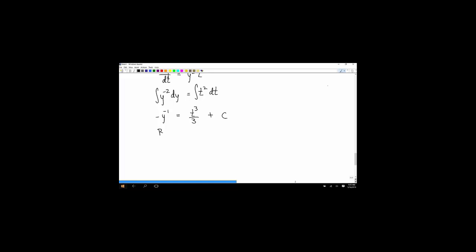So the boundary condition says negative 10 to the negative 1 is equal to 0 to the third over 3 plus c.